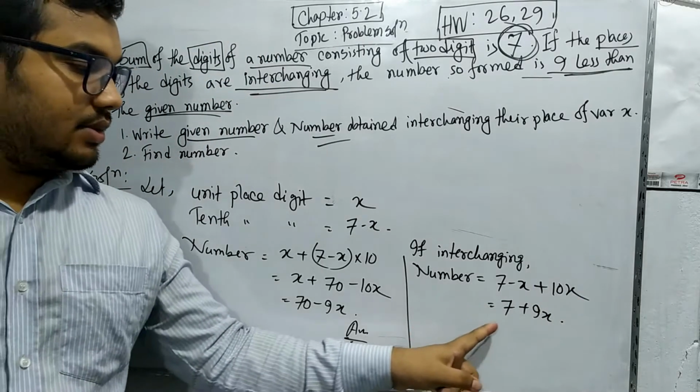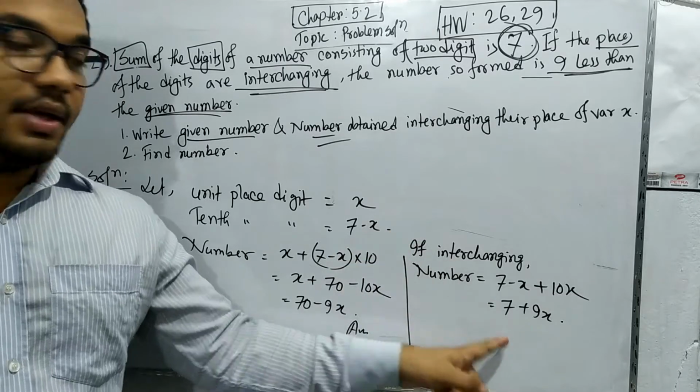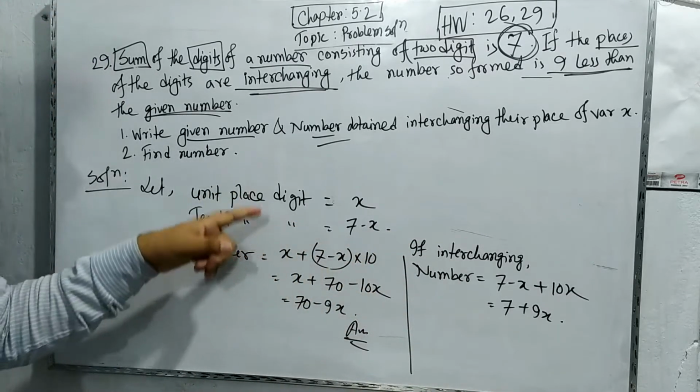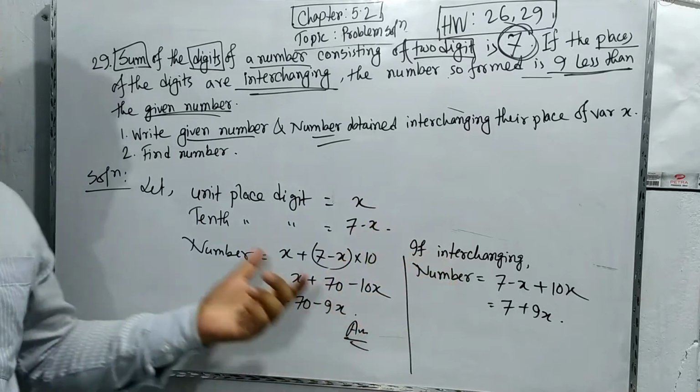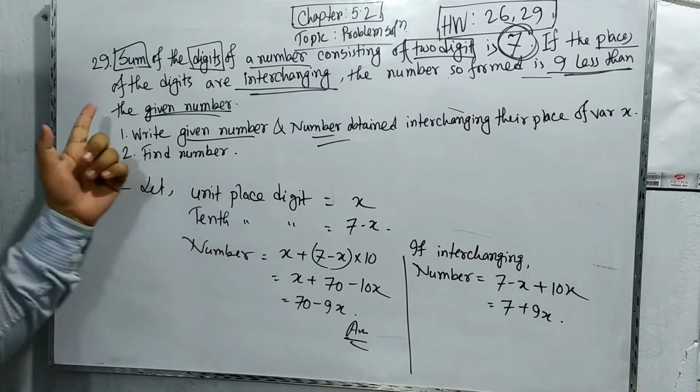So this will be our number if the places are interchanged. This is how we can solve question number 1.